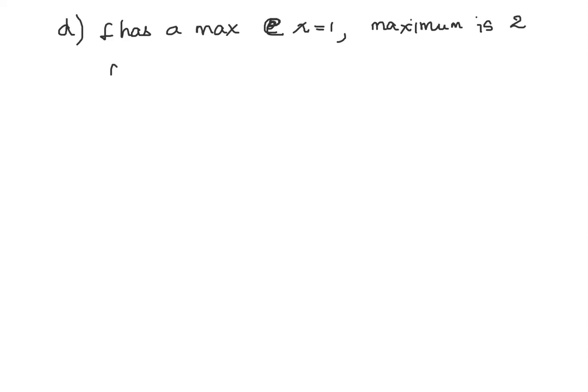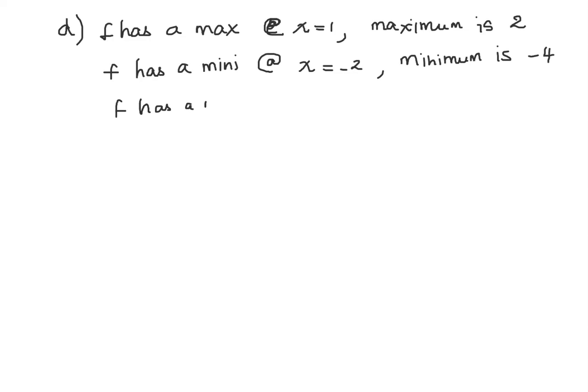And there are 2 minimums. f has a minimum at x equals -2, and the minimum is -4. And f has a minimum at x equals 3, and the minimum is -2.